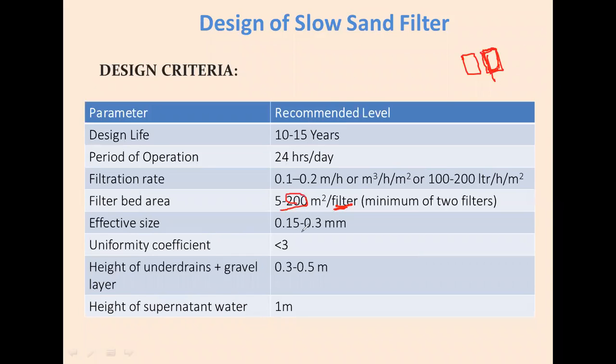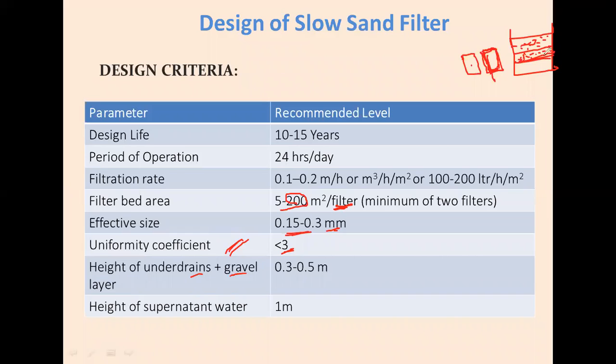Then effective size of the sand should be 0.15 to 0.3 mm. Uniformity coefficient of the sand used as filter media should be less than 3. Then height of under drain plus gravel layer. We have seen that there are different layers in the filter. The top layer is the sand or filter media. Below that there is a layer of gravels, with different grades of gravel kept as a support media to the sand.